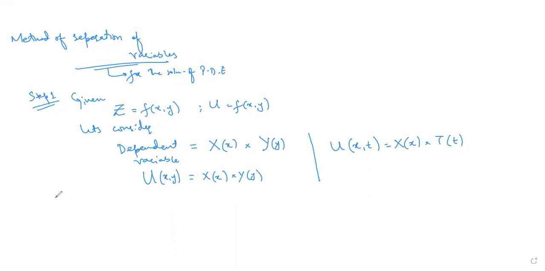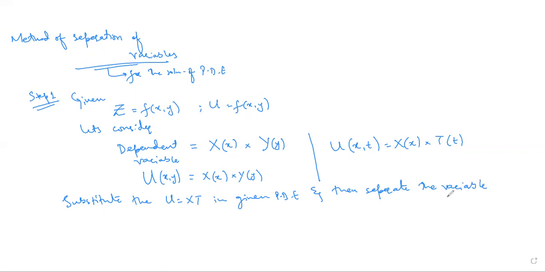After this supposition, you just have to substitute it. For the simple case, we are just saying u equals capital X into T in the given partial differential equation. We just have to substitute this into the partial differential equation and then separate the variables.